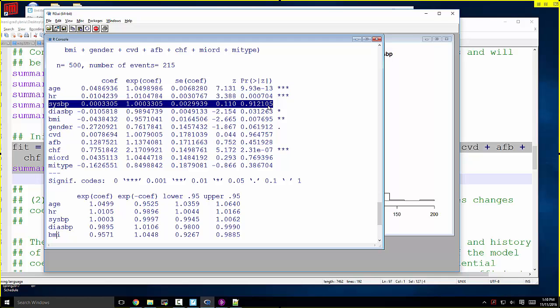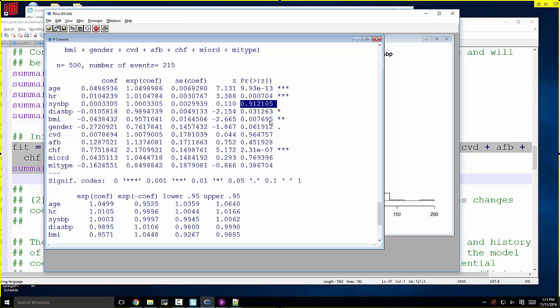Okay, so what do you do at this stage? You have this model, and not everything is statistically significant anymore. That one's got a big p-value, CVD does, AFB does, and these last 2 do. One option would be to just take out all the variables that don't have small p-values. I would argue against that, at least as a blanket or default move. I don't think you should think in terms of let's throw out anything that doesn't have a small p-value.